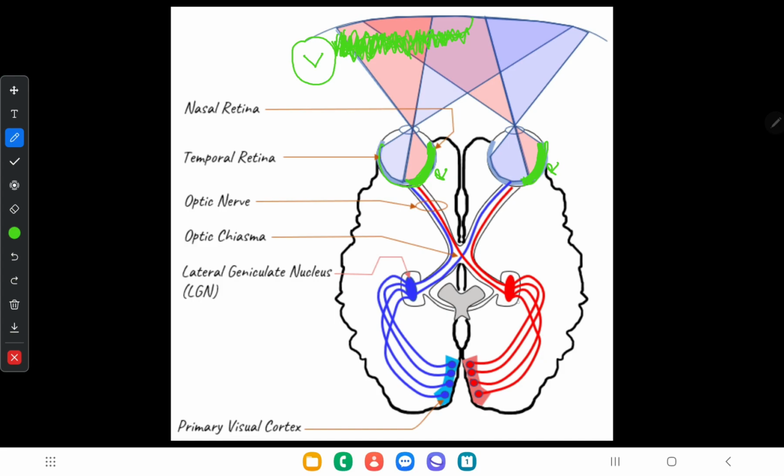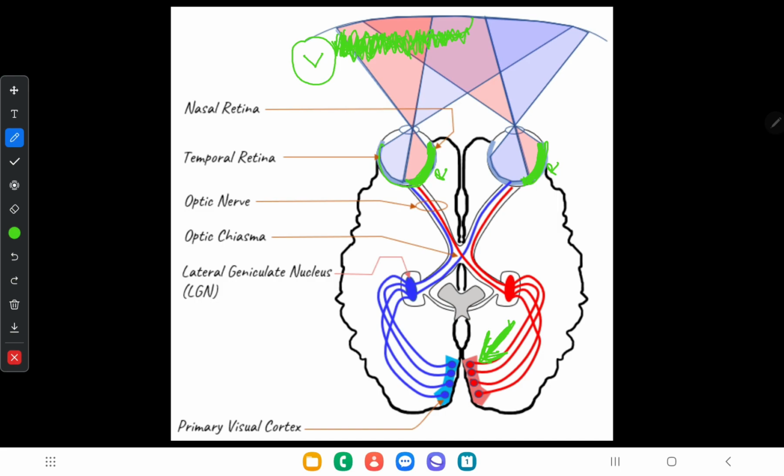Those fibers go to the visual cortex of the same side. From the right side of the retina of the left eye and the right side of the retina of the right eye, fibers go to the right visual cortex.